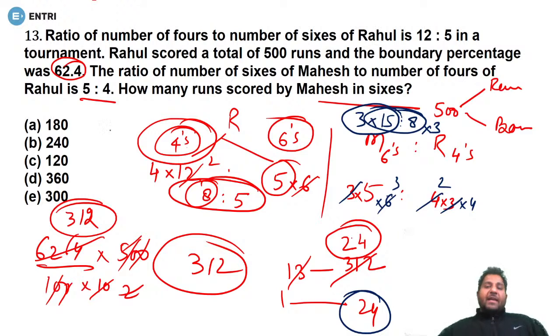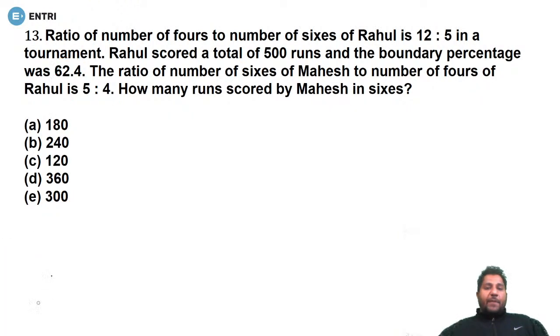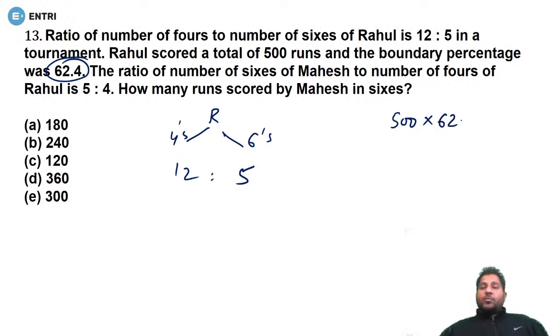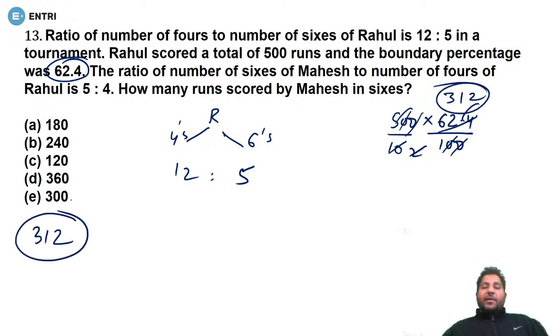No. Guys, look at this. Let me give you one more time. Here, the number of fours and sixes of Rahul has been given as 12 ratio 5. And if they have scored 500 runs, among 500 runs they have scored 62.4% in boundaries. So what would you do? You will multiply and you will get the total runs in boundaries as 312.